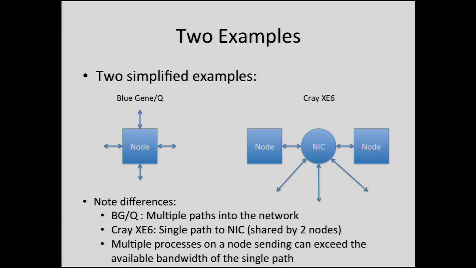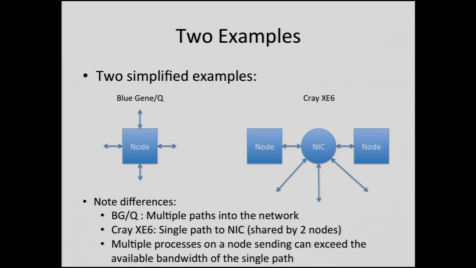So here are two quite simplified examples of what they look like. The BGQ node has the processor chip and effectively integrated networks that talk out along different links in the different mesh directions. The Cray is a little more complicated.